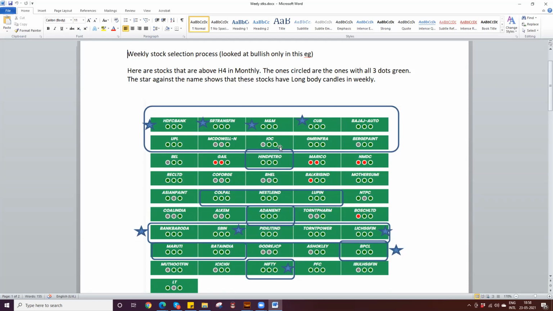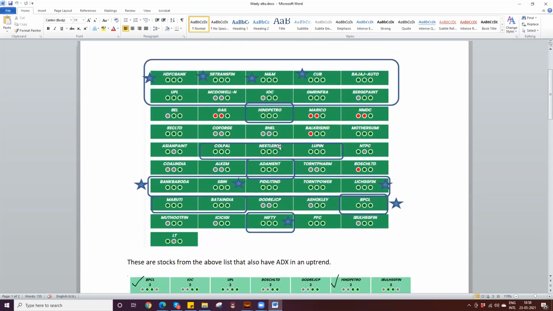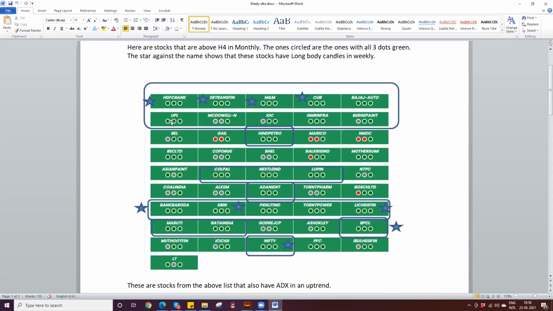Now we are down to 9 stocks, right? Let's keep that list in our mind. Now, the next thing we have to do is check for momentum, right? When you check for momentum, you can do this in any order, but the first thing you have to do is start with the monthly H4. Then we are coming down to do the weekly stuff, which is the long body candle.